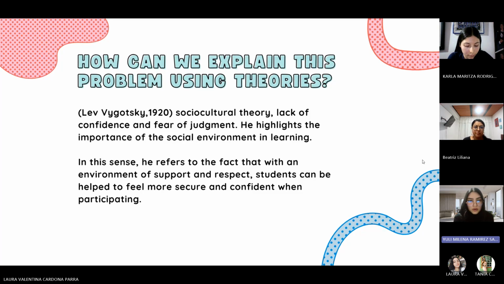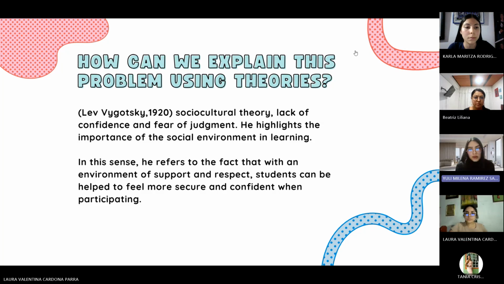We take Vygotsky, that is sociocultural theory: lack of confidence and fear of judgment. He highlights the importance of the social environment in learning. In this sense, with an environment of support and respect, students can be helped to feel more secure and confident when participating.